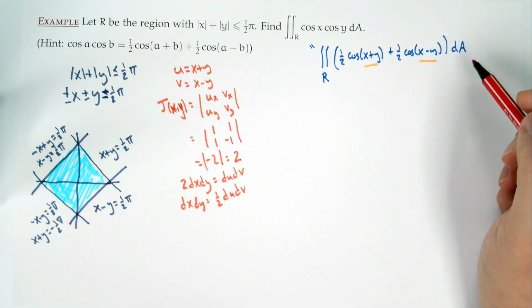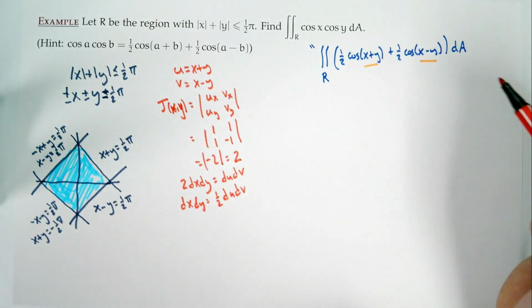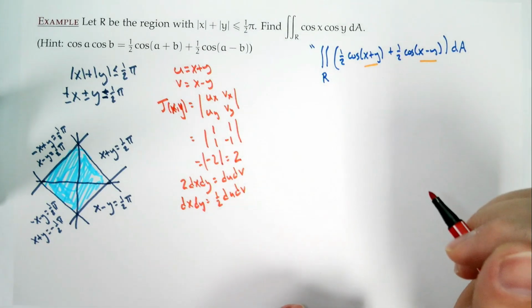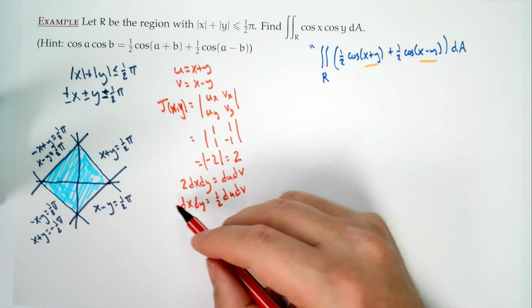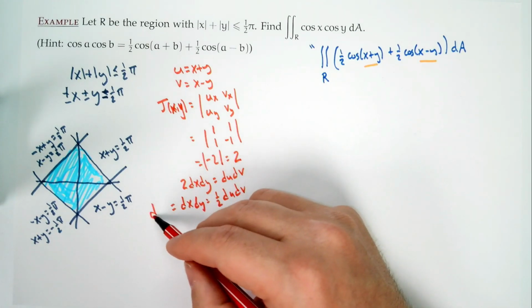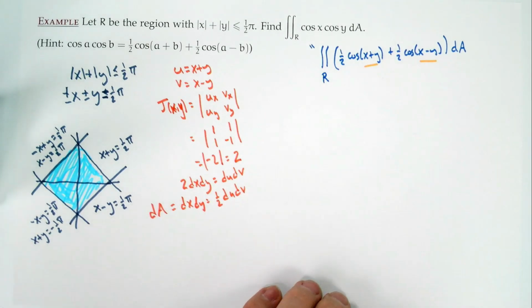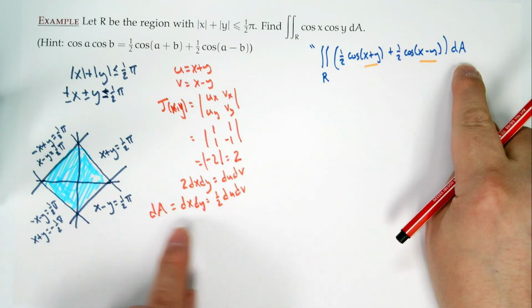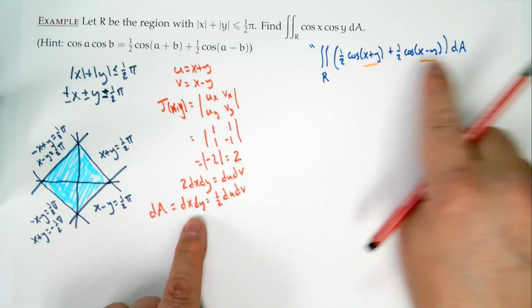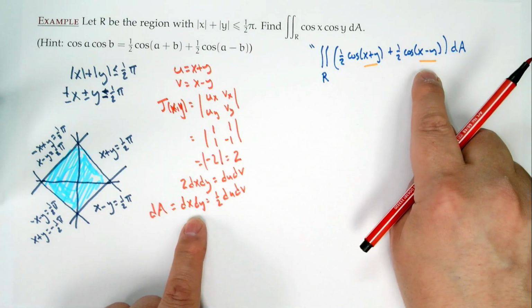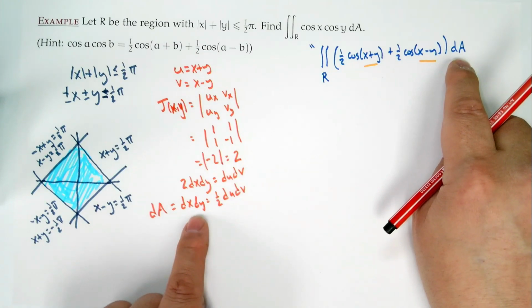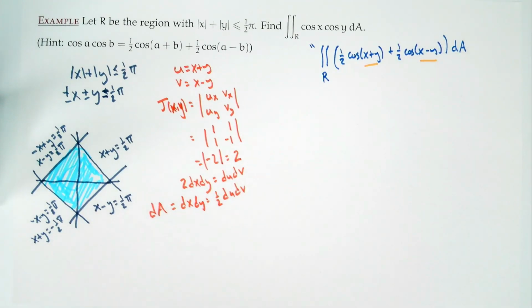This dx dy, I should also point out, is also called dA. So now I know how to write dA in terms of u and v. And the reason why I needed to switch to u and v is notice that my original functions are in terms of x and y. So dA really starts off as being in terms of x and y, so I need to switch to u and v.